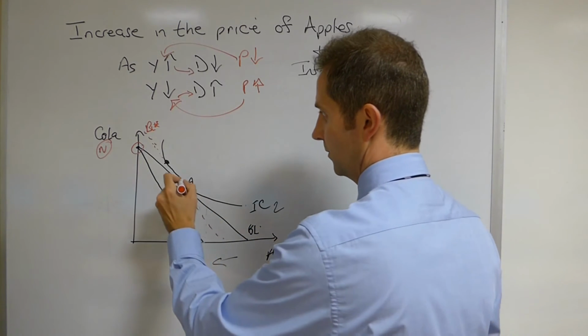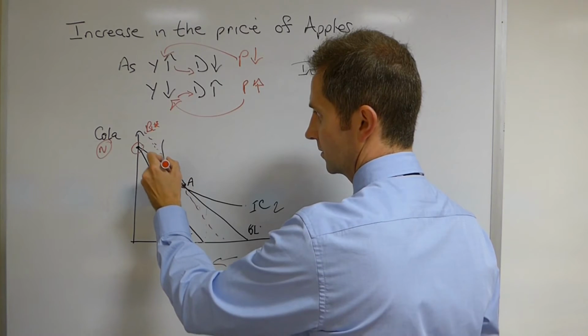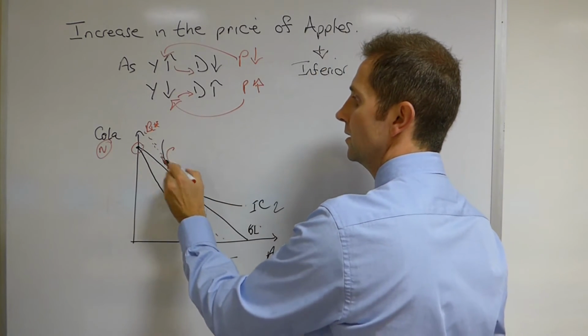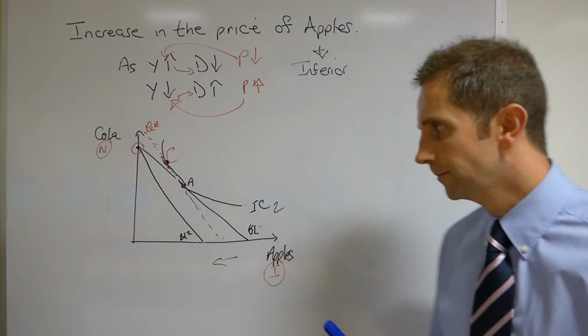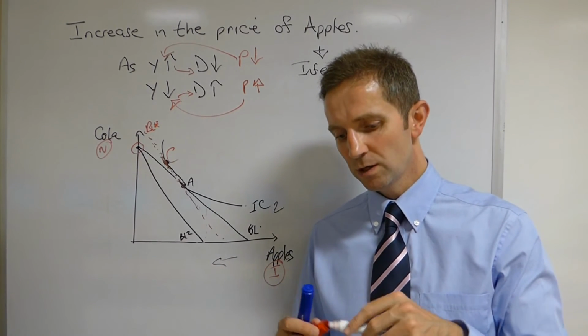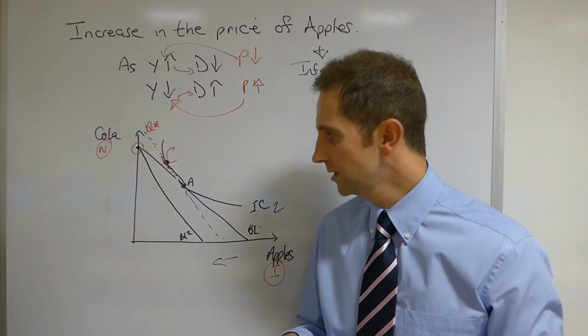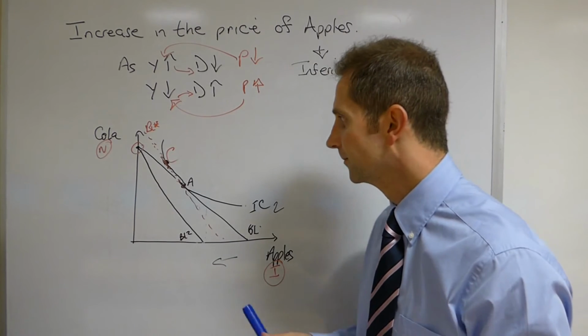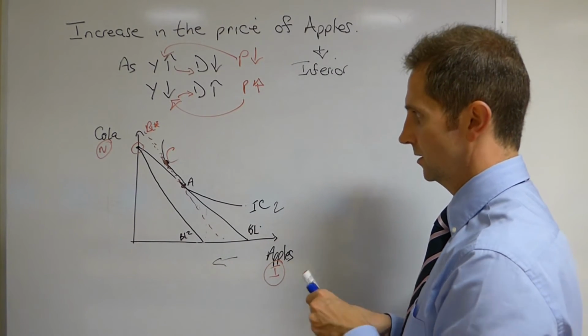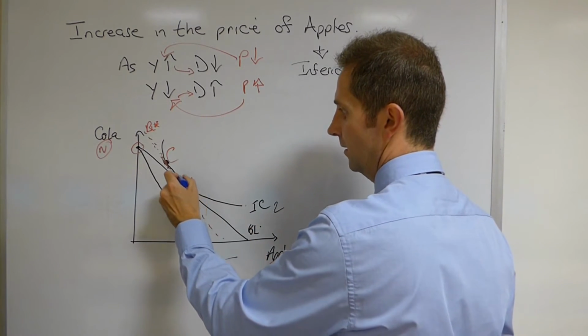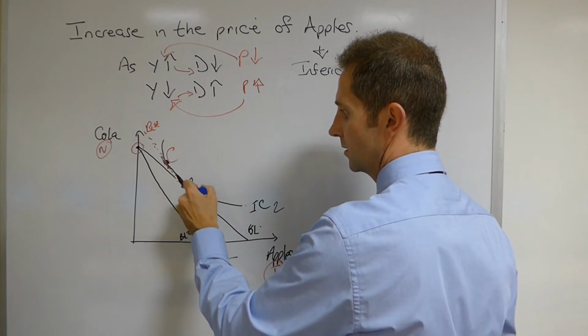Let me just add that back in there, so we've got that going through there like so. And this is my point C. There will be occasions where you'll have to fiddle around with these diagrams to get them to fit properly. So that's my new indifference curve there. Thicken that up a little bit.